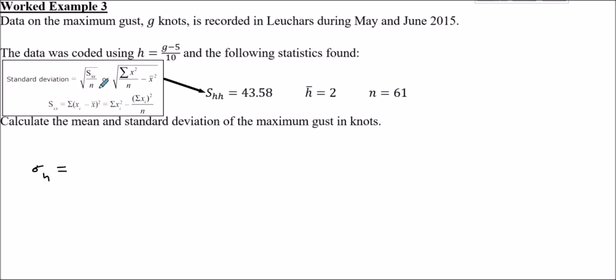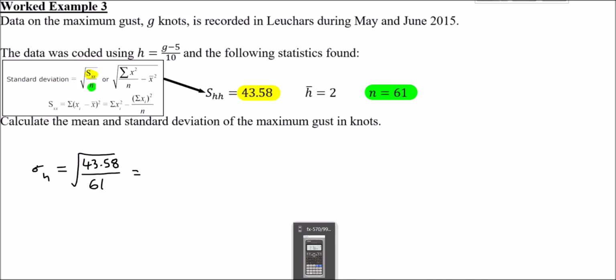So it's going to be this thing here divided by n, which we've been told as well, then square rooted. So it's going to be the square root of 43.58 over 61. And we can give this to 3 significant figures.